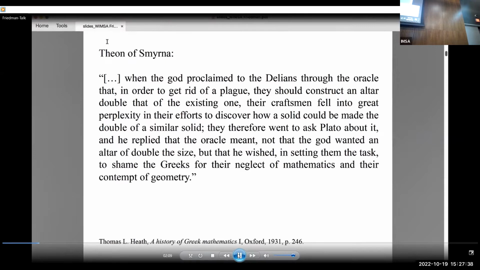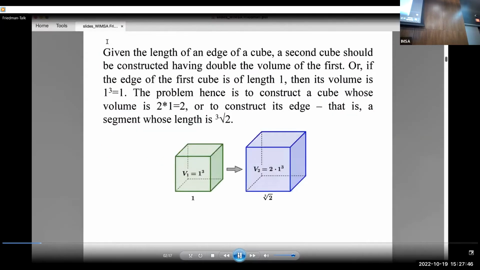I will return later to this citation, but the problem is presented explicitly as follows. Given the length of an edge of a cube, a second cube should be constructed having double the volume of the first. Or, if the edge of the first cube is of length 1, then its volume is 1 cubed, that is also 1.